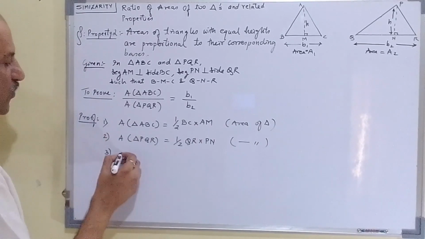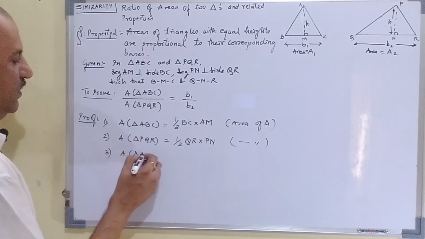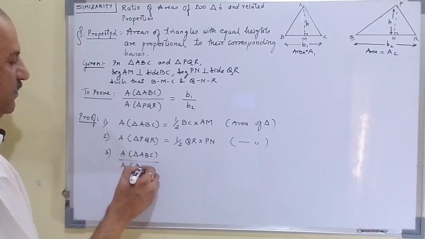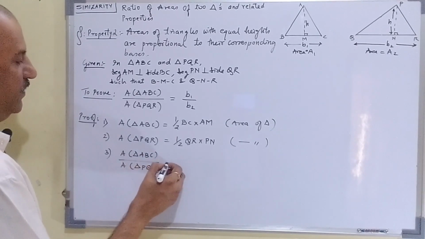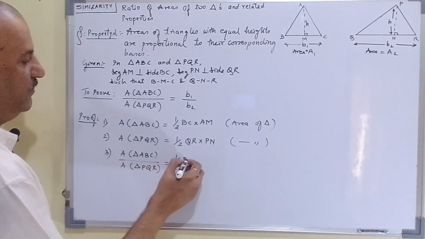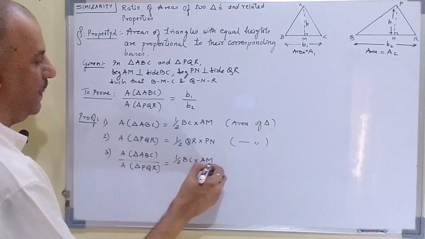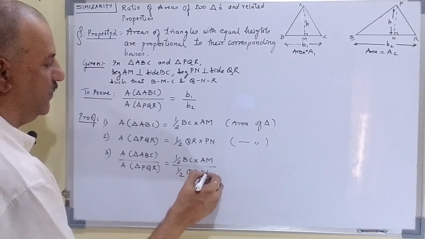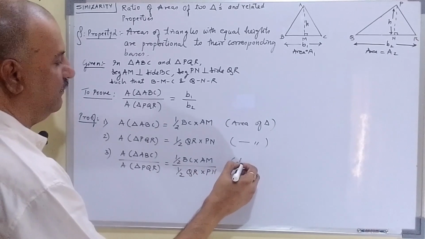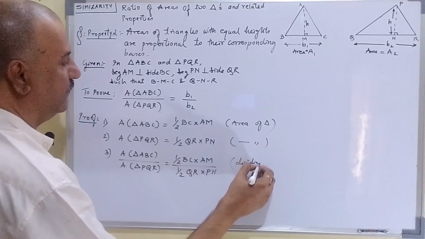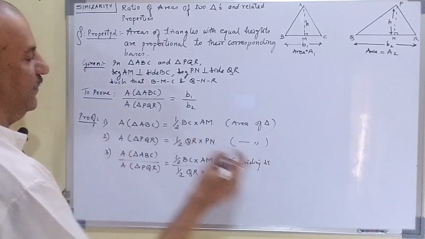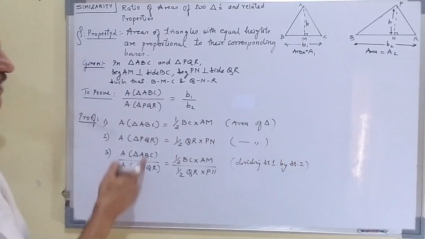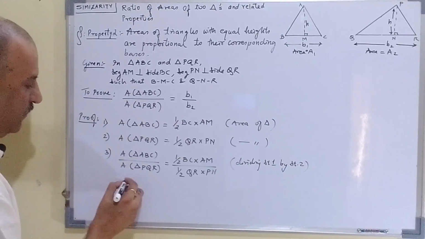Statement number 3, we take the ratio. So area of triangle ABC upon area of triangle PQR equal to half BC into AM upon half QR into PN, dividing statement number 1 by statement number 2. What we get?